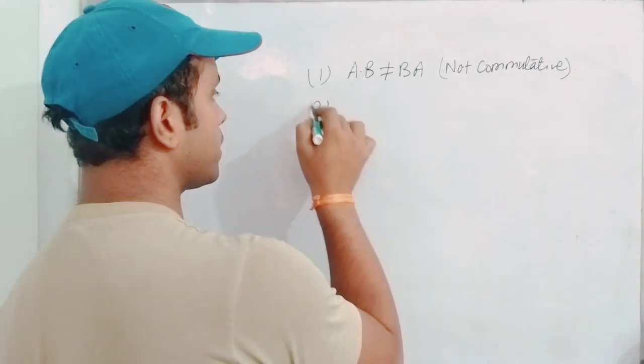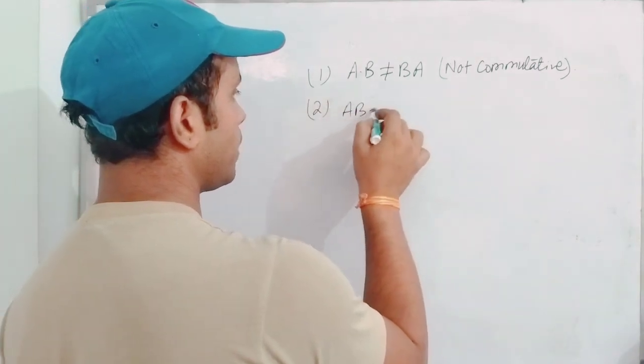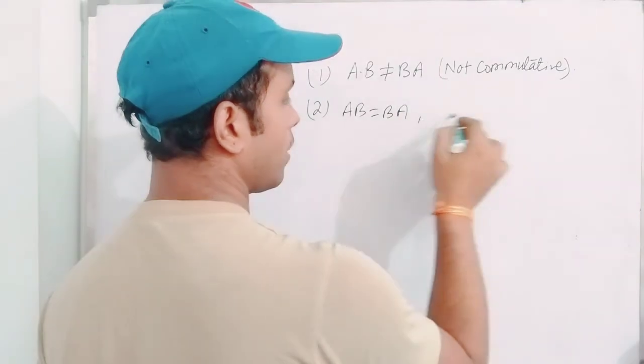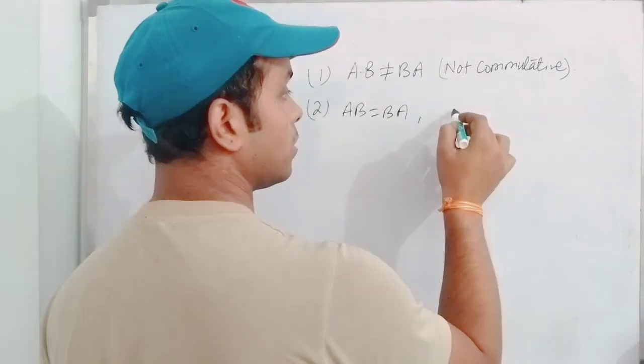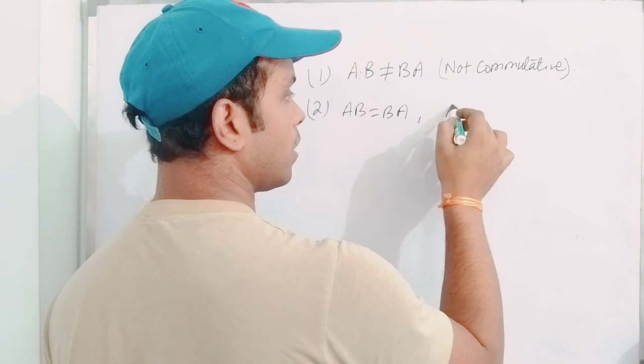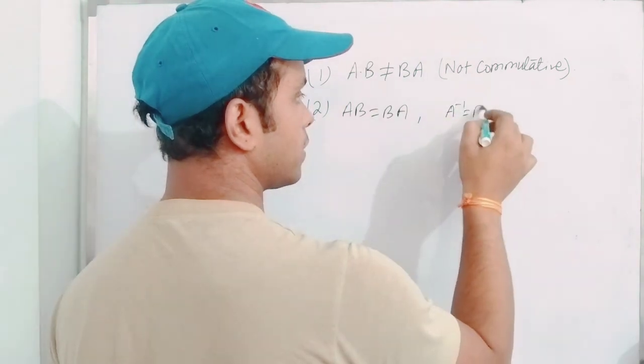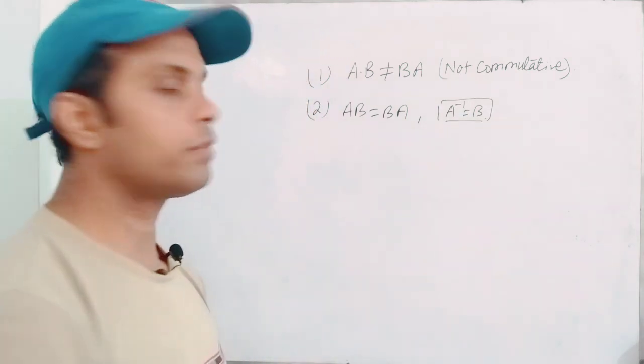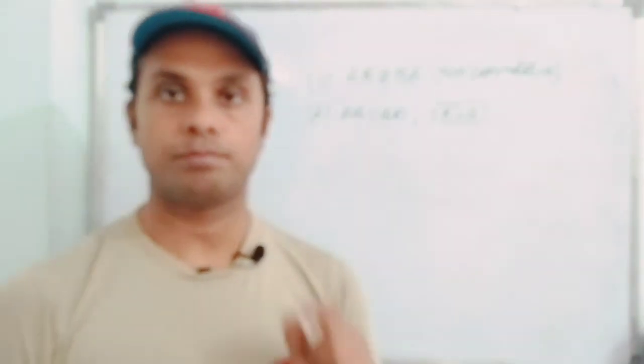The product of two matrices is commutative if they are invertible. They are invertible means if A inverse is B, this is the condition of commutativity.